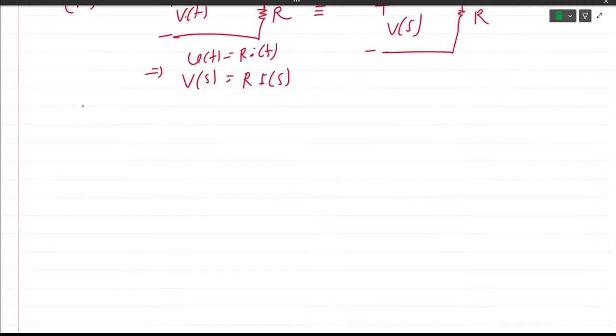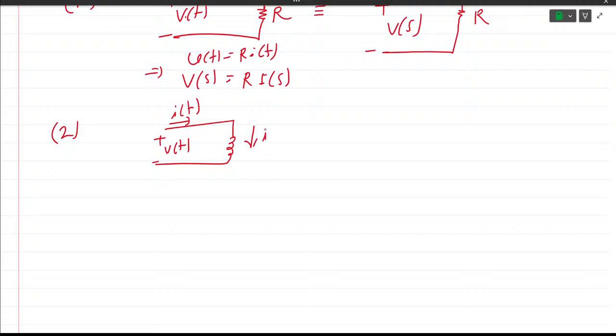Now come to the inductor. With v(t) and i(t), let's assume that it has some initial current I0 minus. From the dynamic equations we know that v(t) is equal to L di/dt.